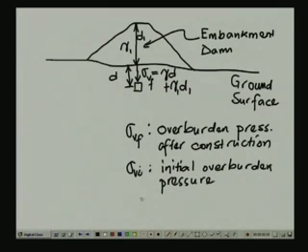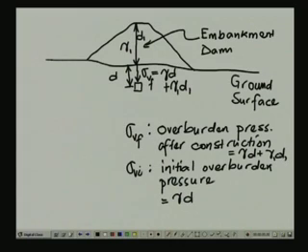So in this case sigma Vi is equal to, as we have said in the sketch there, gamma times d, whereas sigma Vf is equal to gamma times d plus gamma 1 d1.